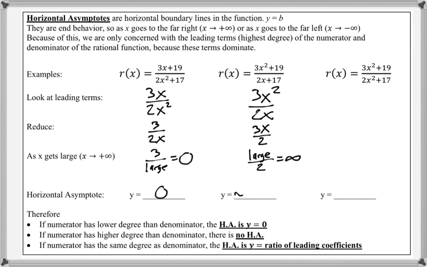So y is going to be equal to infinity, or really it's going to be no horizontal asymptote, because this just keeps going and going, there's no boundary. If there's no boundary, then it's not an asymptote. So there's no horizontal asymptote, and this is because there's no boundary.